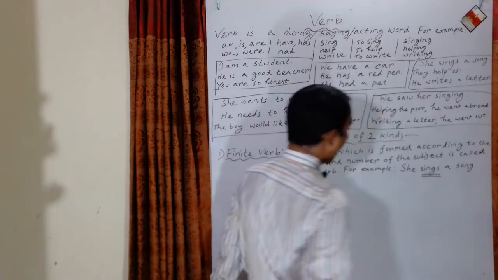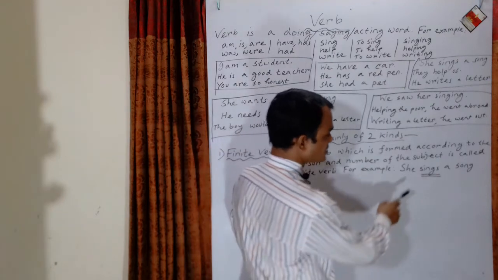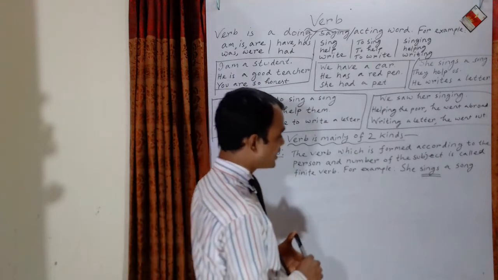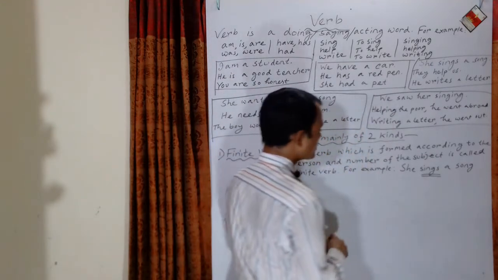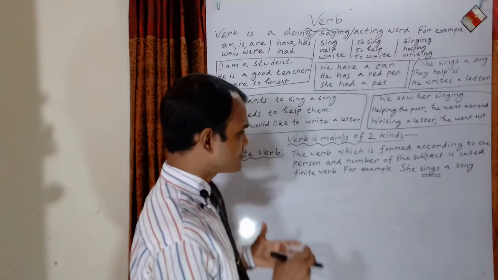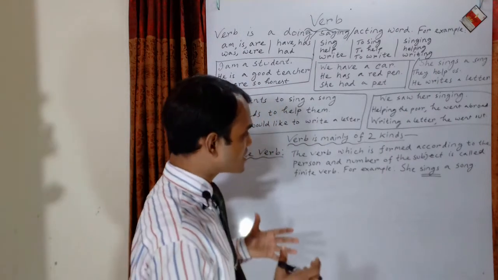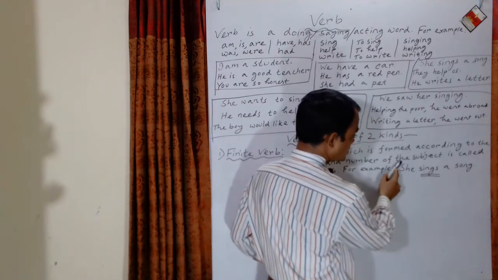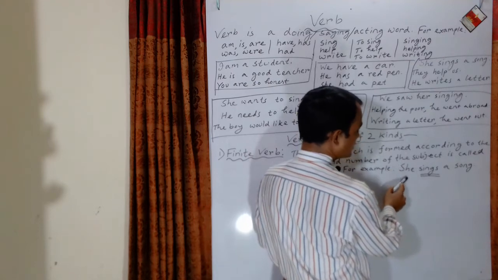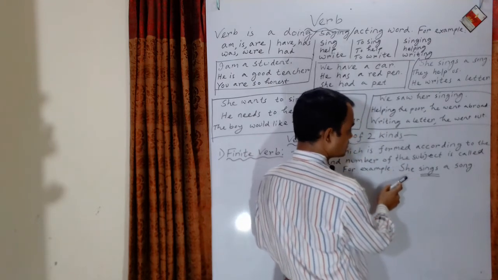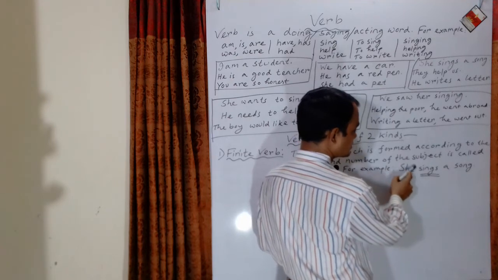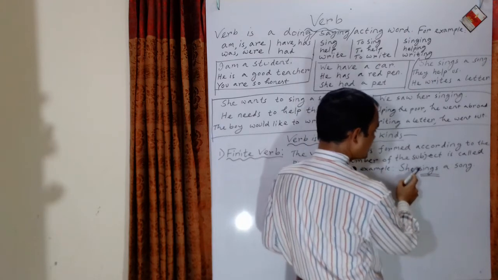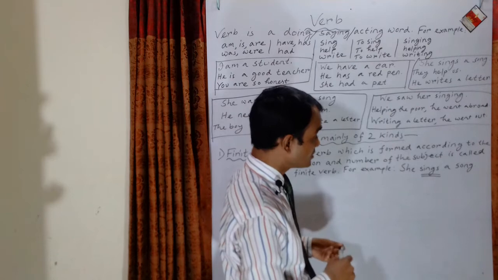She sings a song. Here we find the verb sing. What type of verb it is? It is a finite verb. Why it is a finite verb? Because this verb is formed according to the person of the subject. Look at the subject here. The subject is she, and that is 3rd person singular number. Since it is a 3rd person singular number, we should add s or es at the end of the verb, and it is done here.